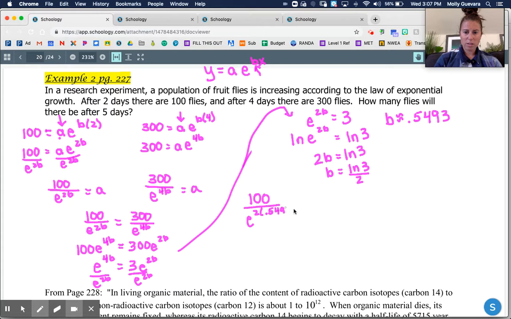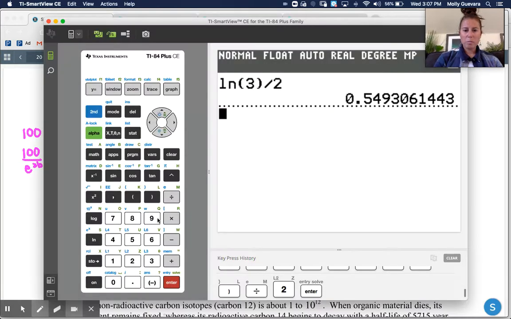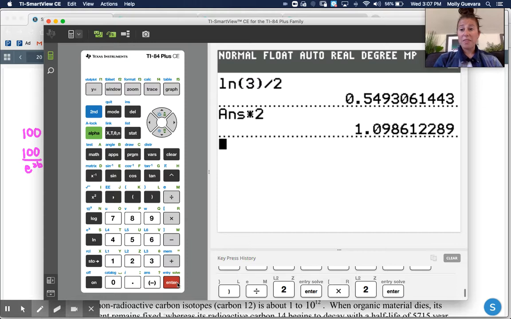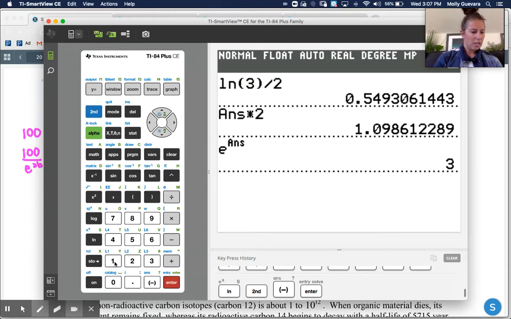It's really hard to write small, so hopefully you guys can read what I'm writing here. I'm going to multiply this number by 2, then take e to this number. So I'm actually doing the bottom first. There you go. I get 3.